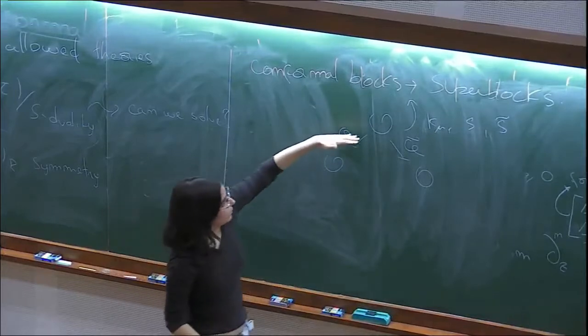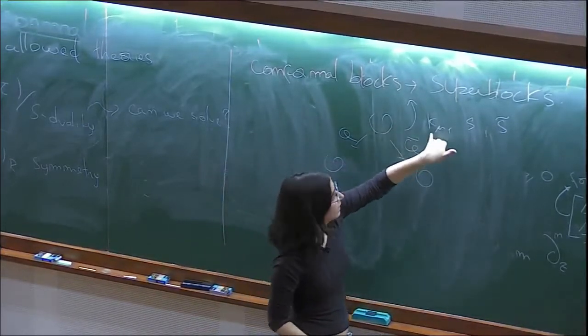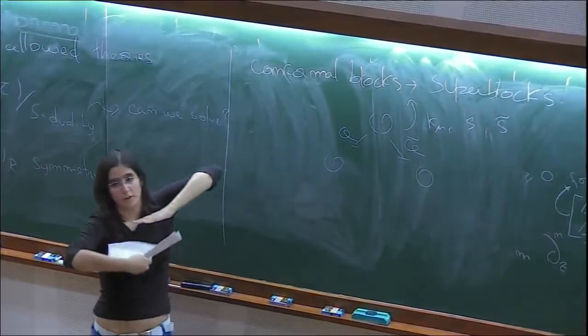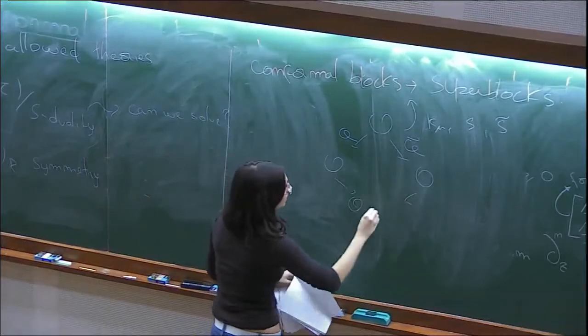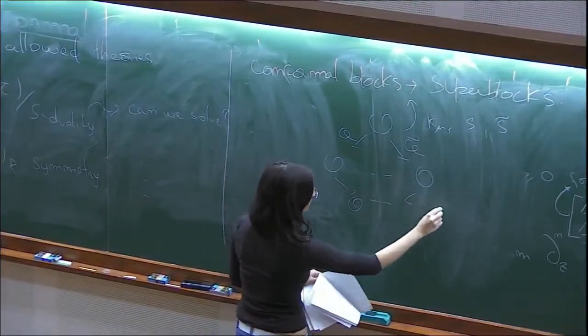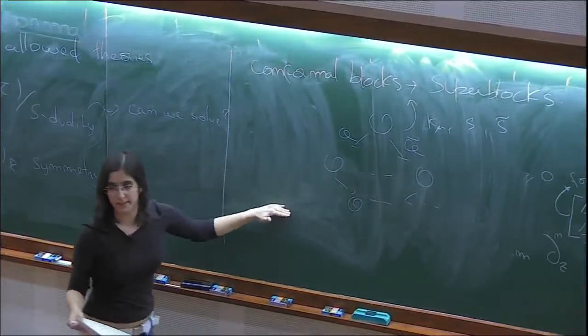So you start with someone who's annihilated by K and S, and then you act with all possible Qs to form your whole multiplet. This is something we need to take into account when we fix the kinematics.